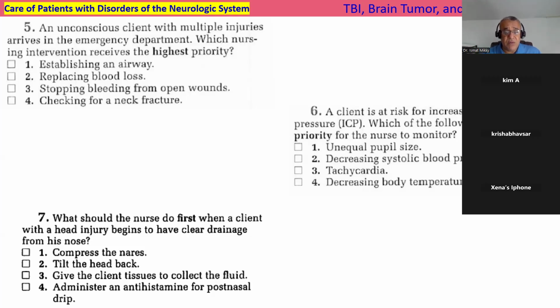Increased ICP causes unequal pupils as a result of pressure on the third cranial nerve. You will find not both of them react to light. Sometimes one is reacting, one not reacting. So unequal pupil size in terms of reaction and size, both. It is a sign of increased pressure on the third cranial nerve.